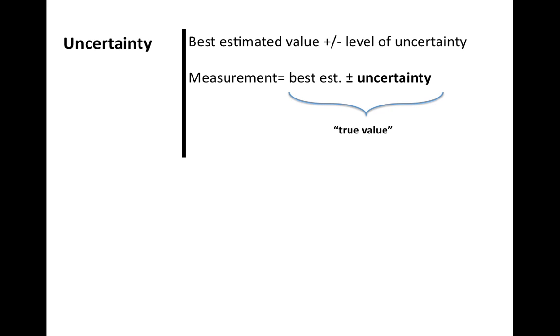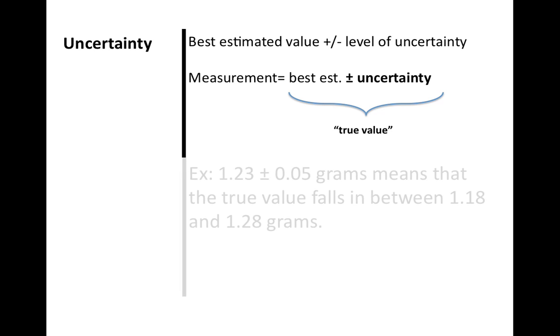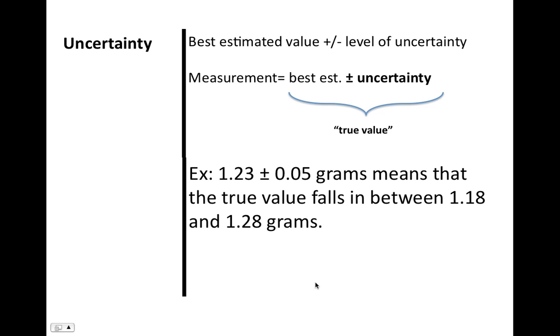So this is what we call the true value, when you take into account the possibility that it could be a little bit above or a little bit below your measurement. So for example, we have 1.23 plus or minus 0.05 grams. This means that the true value falls in between 1.18 and 1.28 grams.